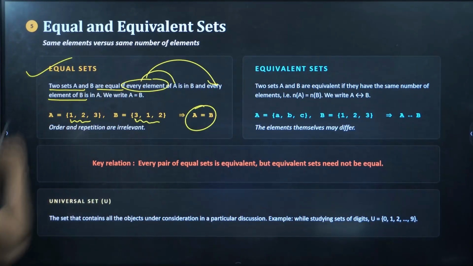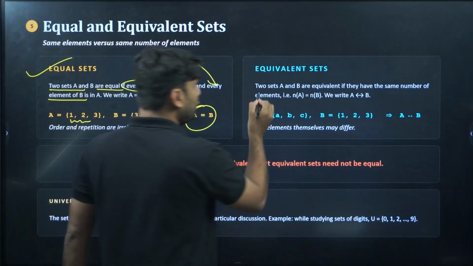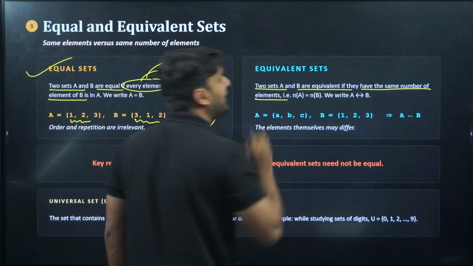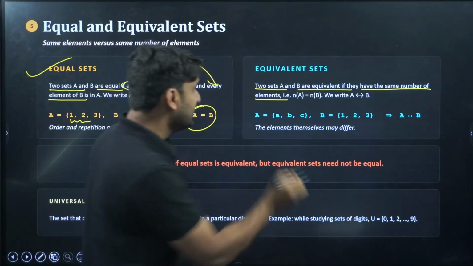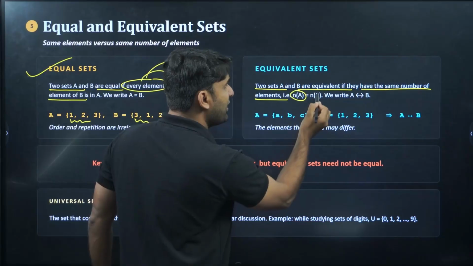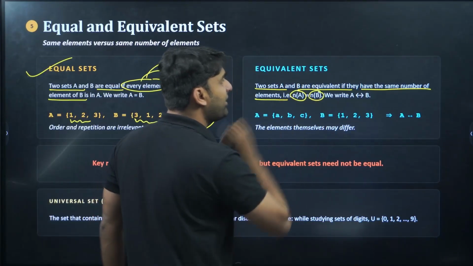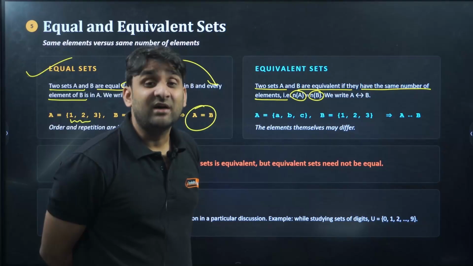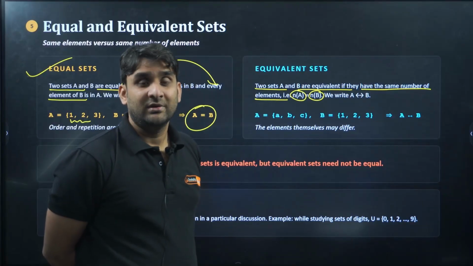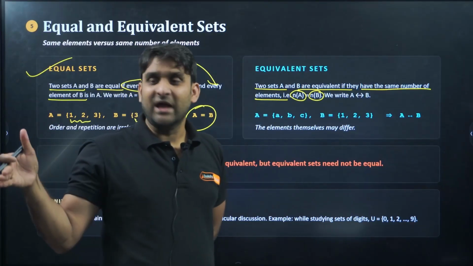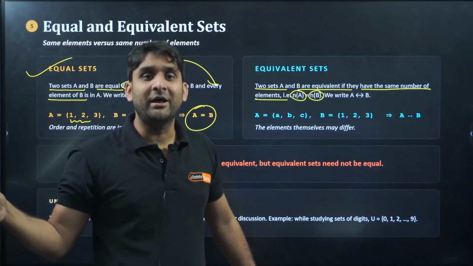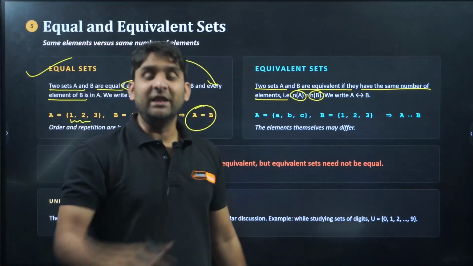Equivalent sets. Two sets A and B are equivalent if they have the same number of elements. This is called the cardinal number. The number of elements in A and the number of elements in B should be the same. It doesn't matter if set A has objects and set B has alphabets, or A has numbers and B has animal names.